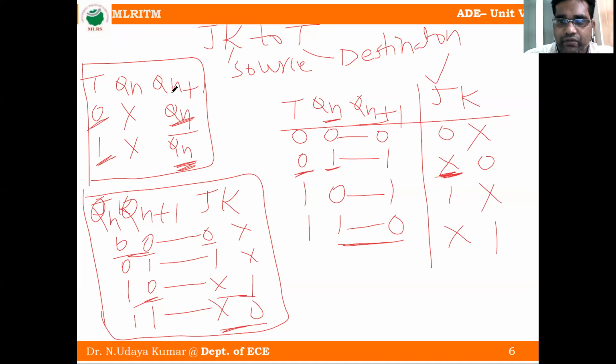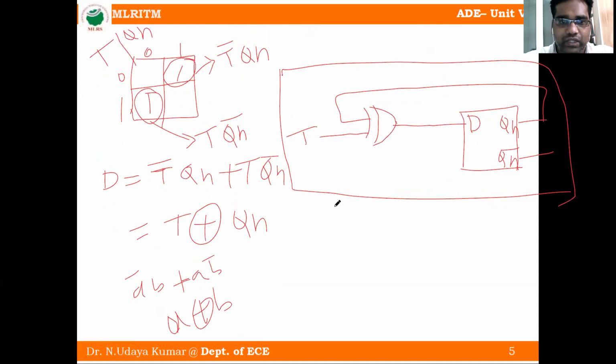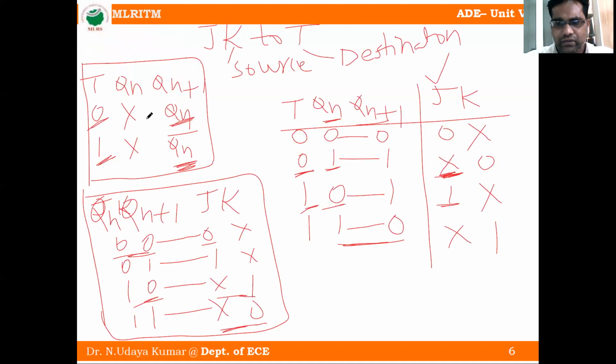Then when we will get 1 here? If T is equal to 1 and Qn is equal to 0, here 1. Okay. Next, this one is don't care. How will we get don't care?